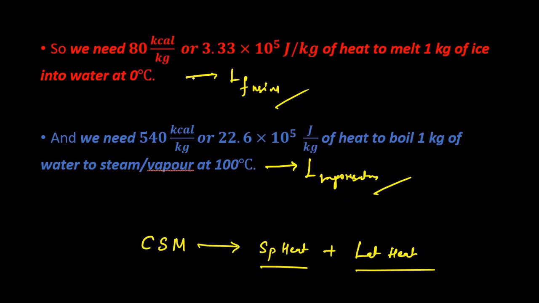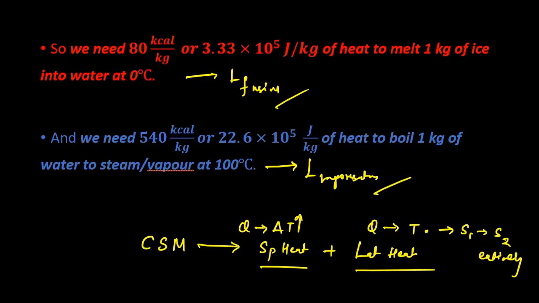Specific heat is basically heat supplied, increase in temperature. Latent heat concept: heat supplied, temperature is constant, but change of state from one state to another entirely. This is the basic concept here.